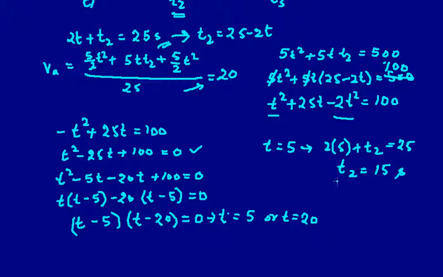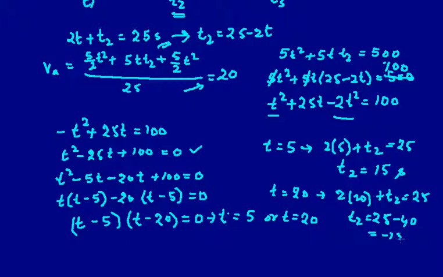But we cannot say that this is the right answer till we confirm the other value. So trying t equal to 20, 2 into 20 plus t2 equal to 25, we see that t2 equal to 25 minus 40, which gives minus 15 seconds, which is not a valid number because time cannot be negative. So t2 equal to 15 seconds is the valid answer for this particular problem.